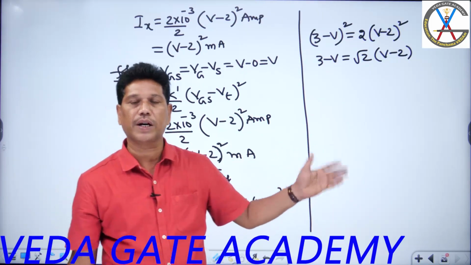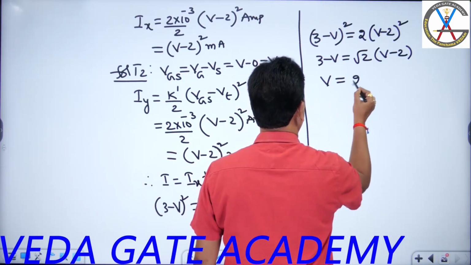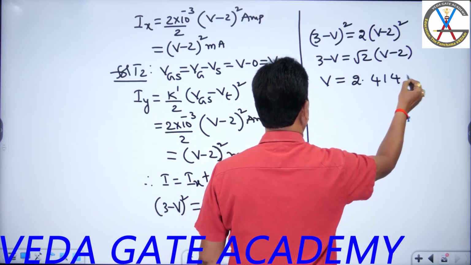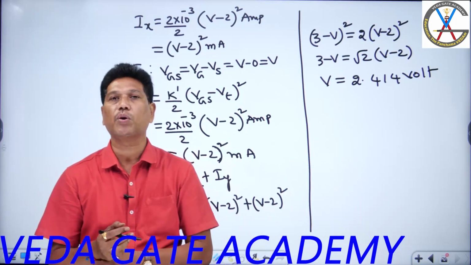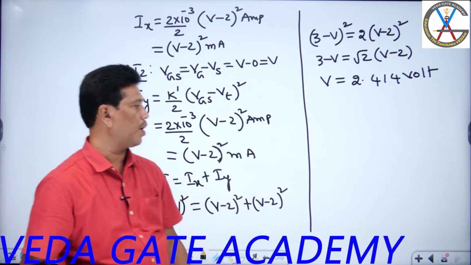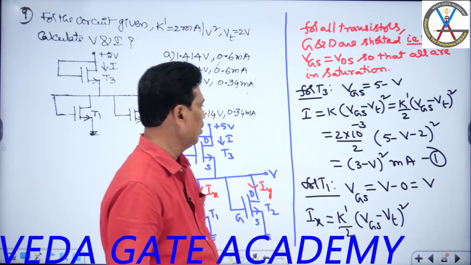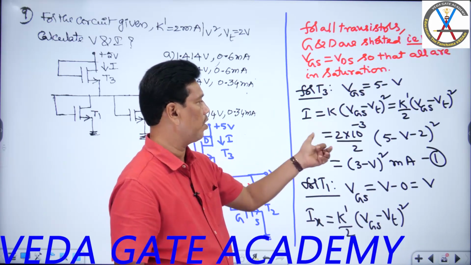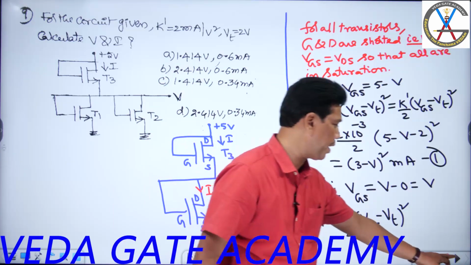So if I minimize that, I may get that corresponding voltage there. What you can call, sir, V equal to 2.414 volt you may get. Check if you want. V equal to 2.414 volt you can call. So once I can get that, from equation 1, I can able to get that concerned current, sir. He is not only asking V, he also asking I equal to 3 minus V whole square milliampere.